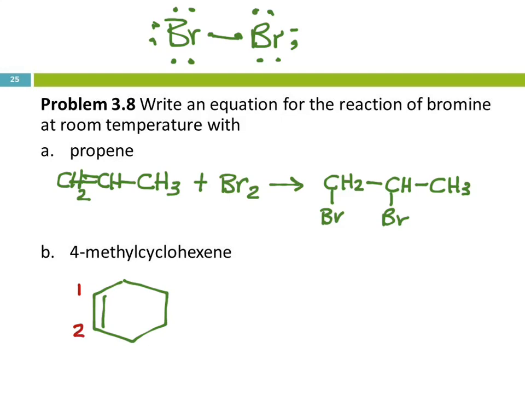If I'm starting with this being number 1, the second carbon in that double bond has to be number 2. I can't call this 1 and go in the opposite direction. 1, 2, 3, 4, 5, 6. Because this is 4-methyl, over here on the 4th carbon, I've got a methyl group.